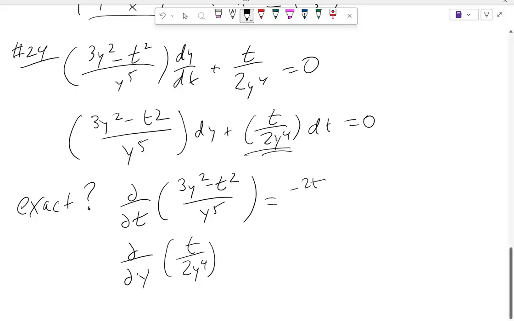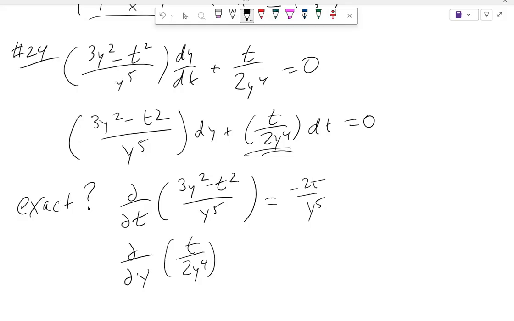Good. Negative 2t over y to the fifth. The first part is just a constant, isn't it? The 3y squared is just a constant with respect to t. Derivative of that is just a 0. Derivative of the t squared is 2t, and the minus sign and the y to the fifth are just constants, so they just get tagged on.